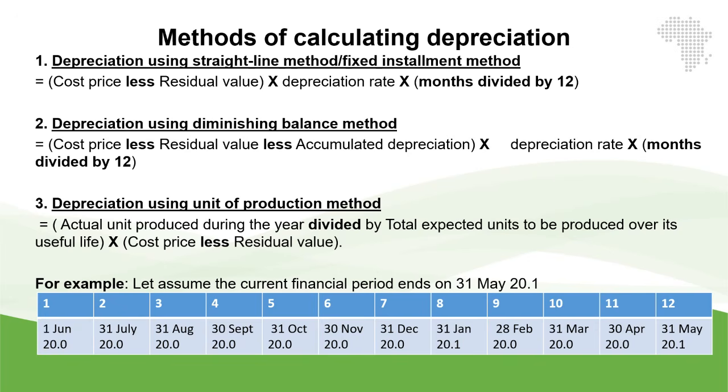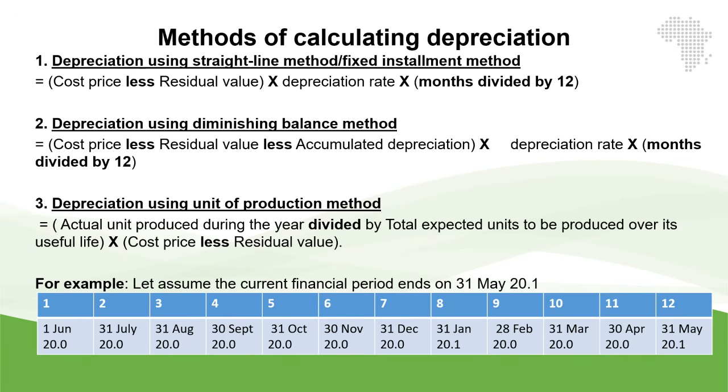If we are using the diminishing balance method and we know that our residual value is 0, maybe we don't expect to receive anything at the end of the useful life of that particular asset, we will say cost price less 0 less whatever accumulated depreciation that we have, which gives you the carrying amount.